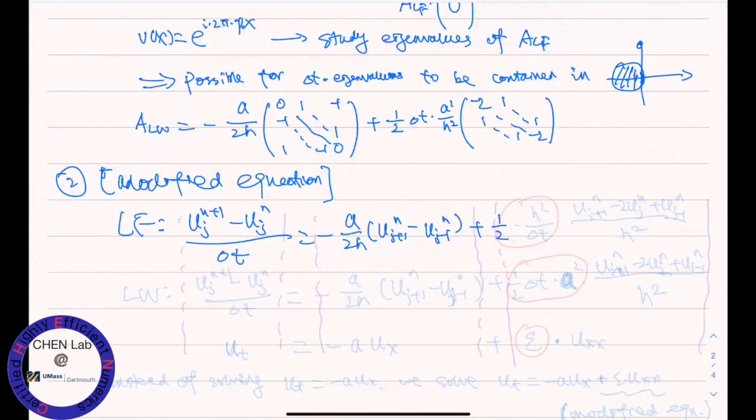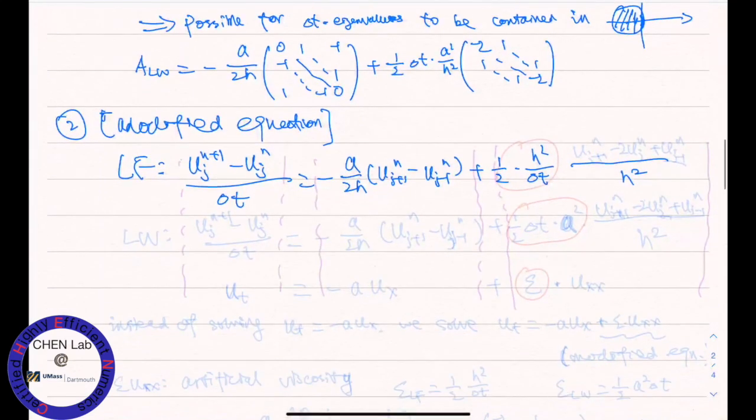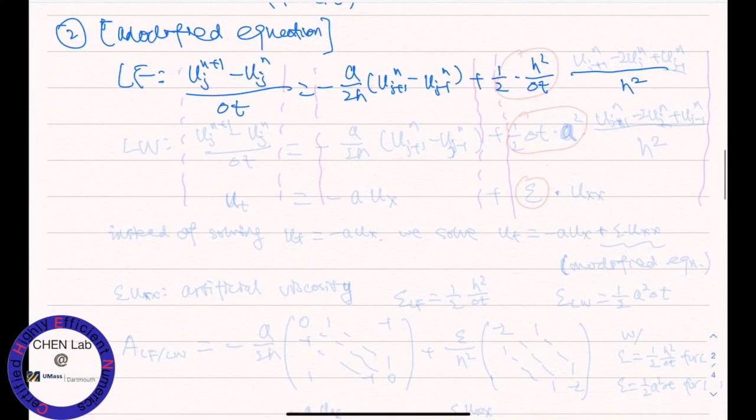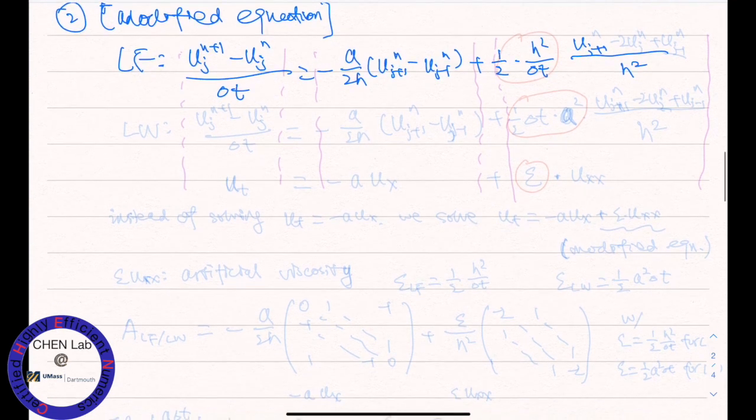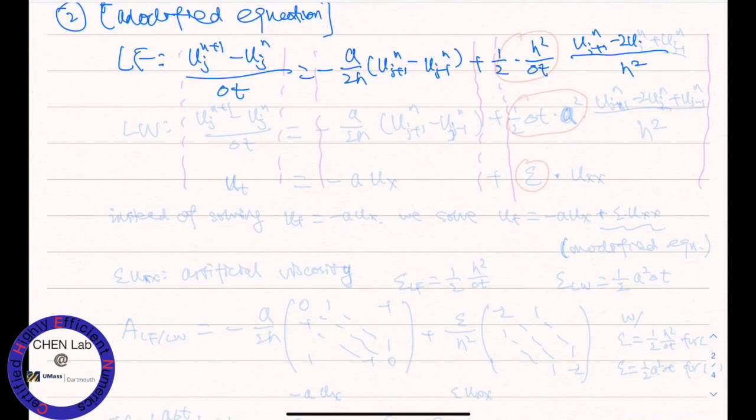We're going to multiply by h squared and then divide by h squared, times (u_(j+1)^n minus 2u_j^n plus u_(j-1)^n).